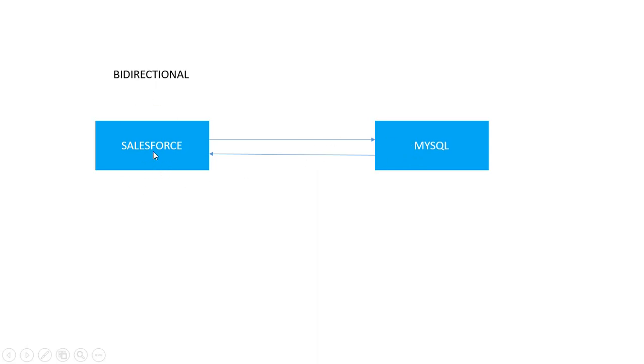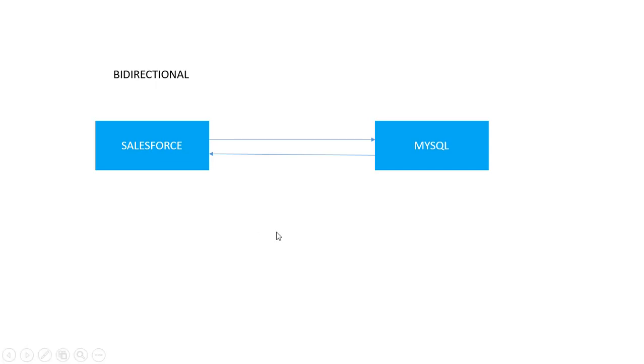When a Salesforce customer updates something, it is shared to the MySQL database. Whenever tables and content are updated in MySQL, it is shared to Salesforce. These are two systems, but they act as one. This kind of real-time database integration we call the bidirectional synchronization integration pattern.